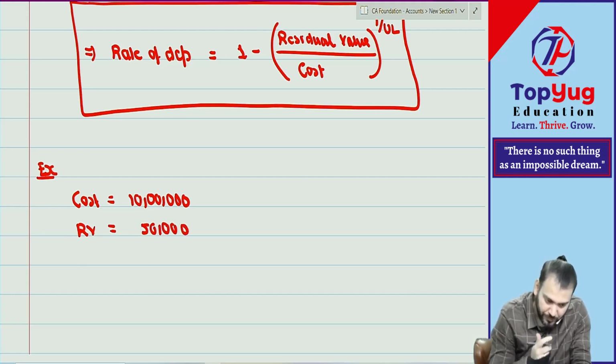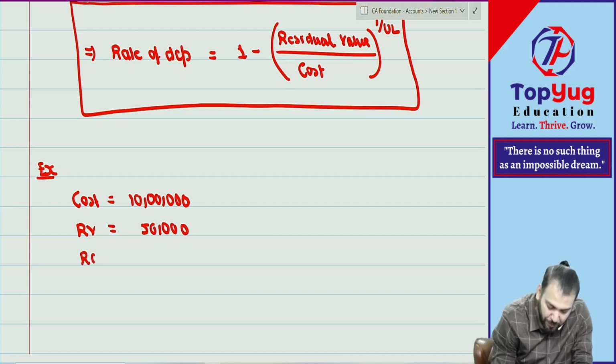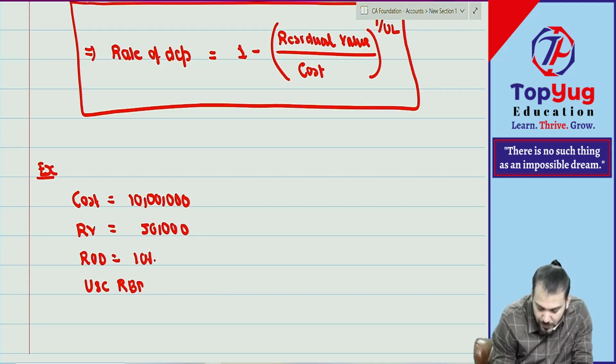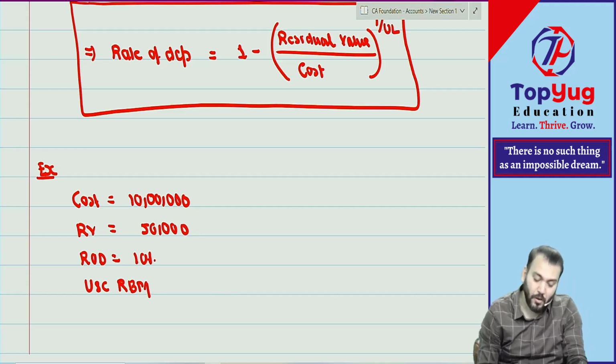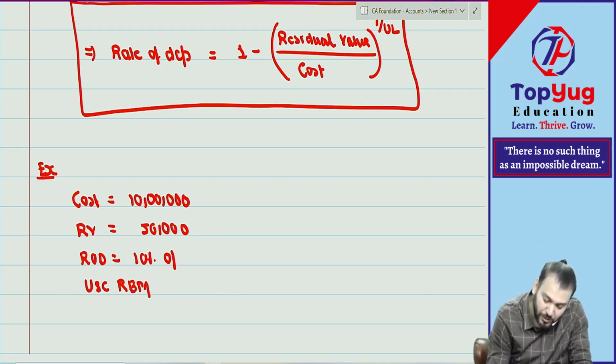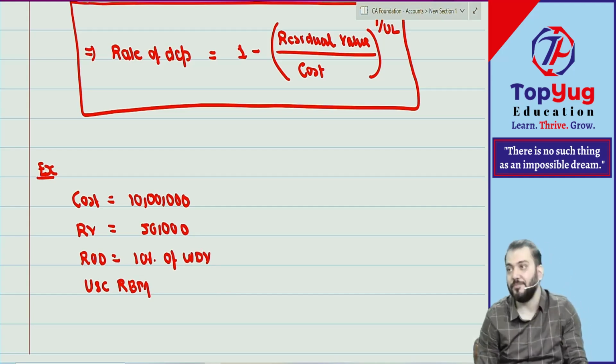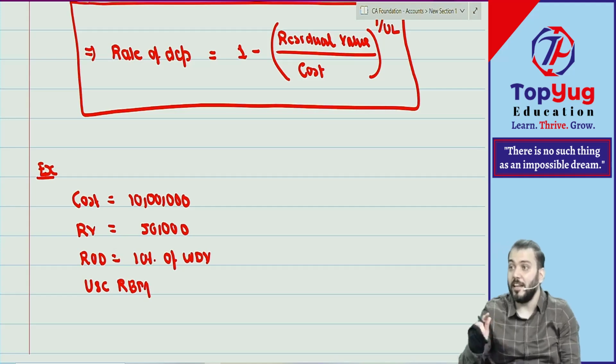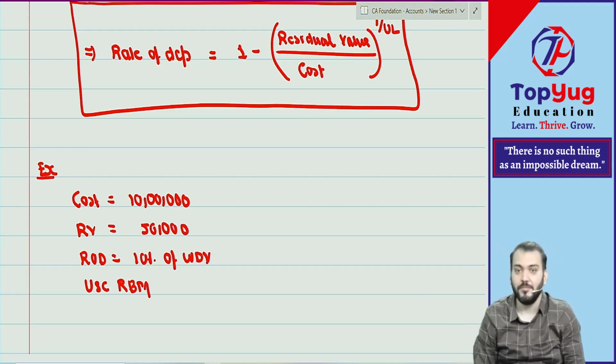Rate of depreciation is given, suppose 10%, and of course in the exam they will say use WDB method, or they will say 10% of WDB. When they say 10% WDB, which method is it? If they say 10% of cost, which method? SLM.